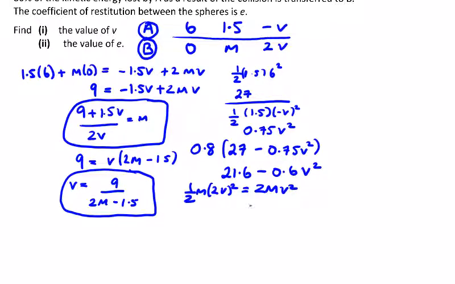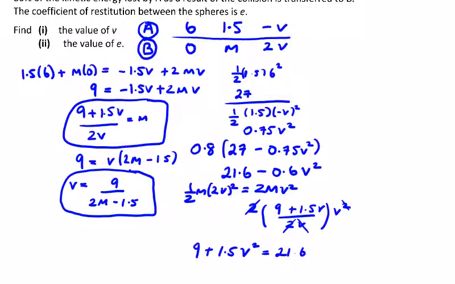So 2mv squared is going to be 2 times (9 plus 1.5v) over 2v, times v squared. So the 2 will cancel with the 2 and the v will cancel with the squared part, so it's just going to be (9 plus 1.5v) times v. That will have to be equal to 21.6 minus 0.6v squared.